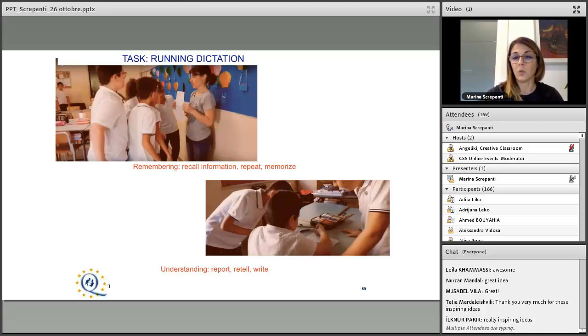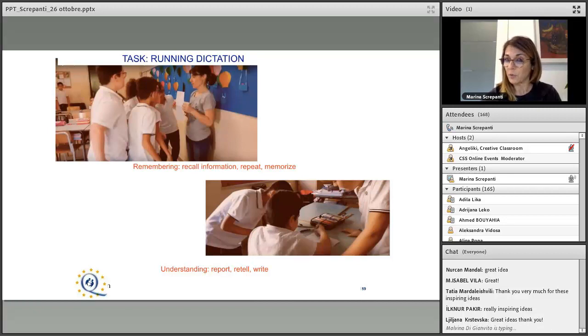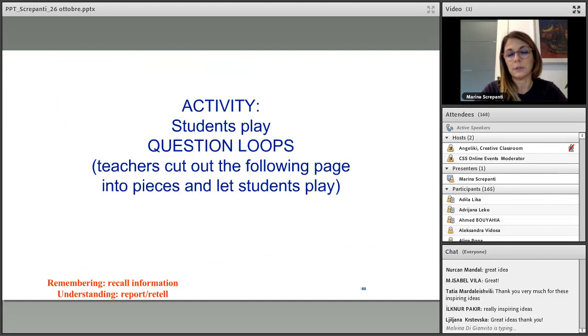While the others run to the teacher, read one sentence and go back, dictate the sentence to the writer, and then when they finish, they check if he wrote well or not. They can also correct, and then they give a 5 to the second runner. So until the test is finished.